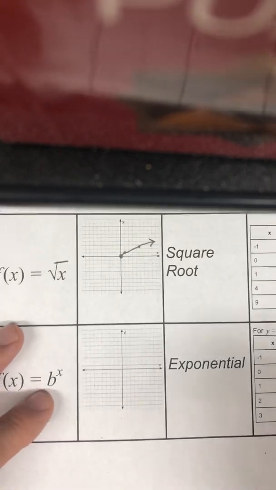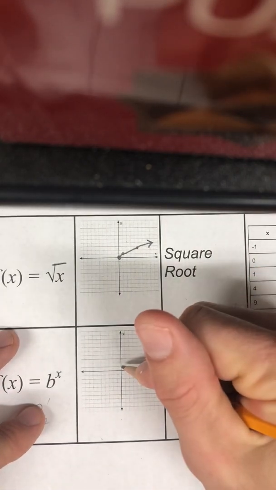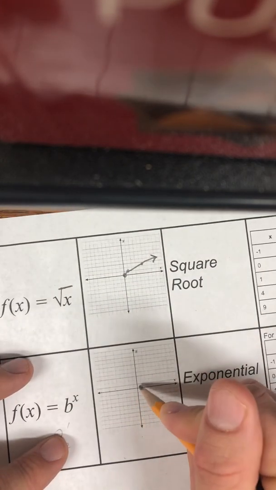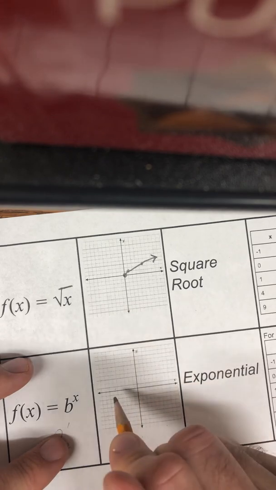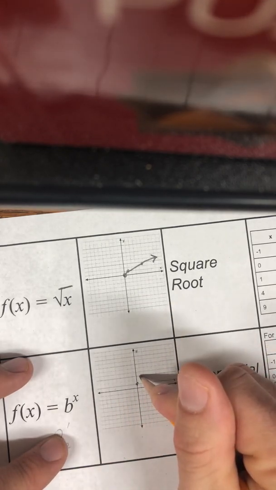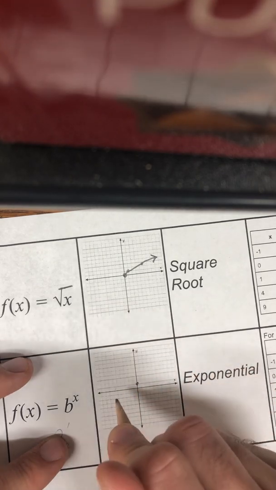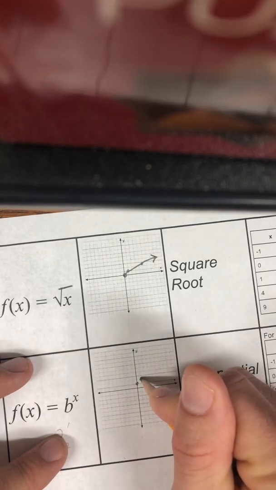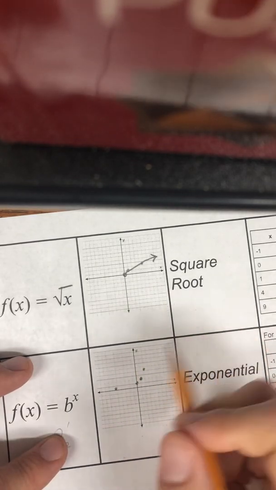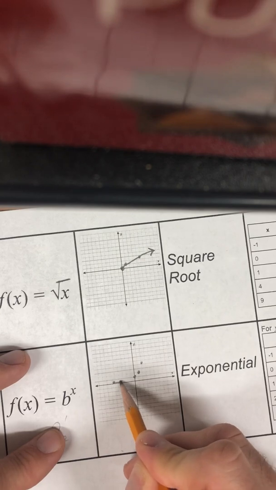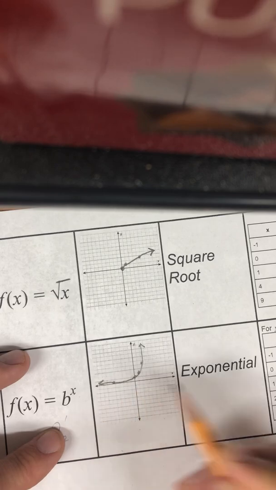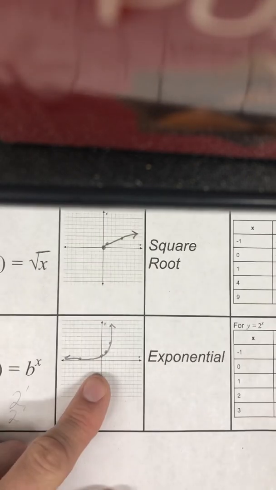The way this works is it goes very small, and then 0, 1, and then it shoots up. 1, 2, and then 2, 4, and it starts out really small over here, and it just shoots up. And that is an exponential.